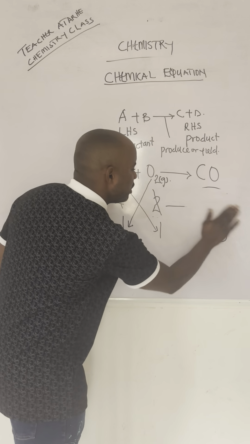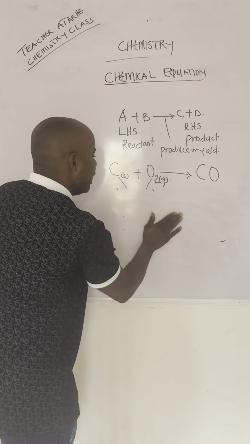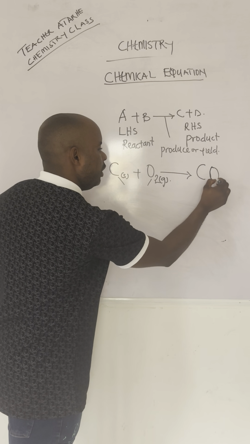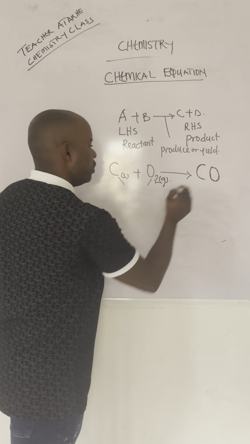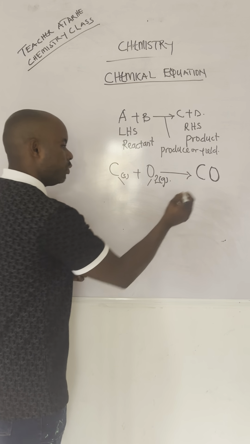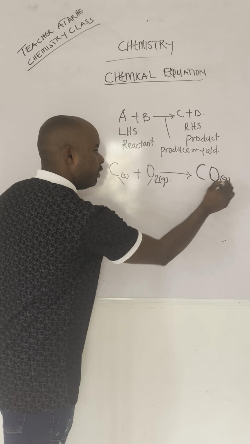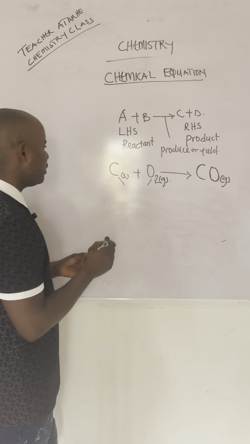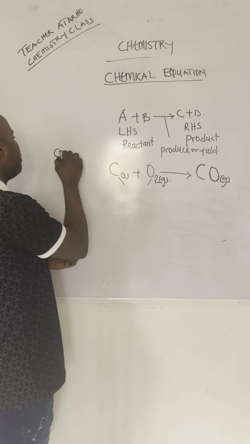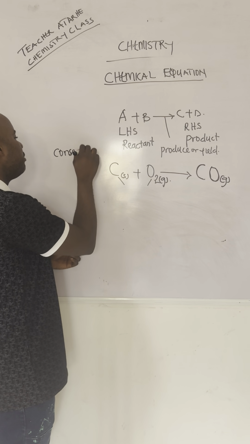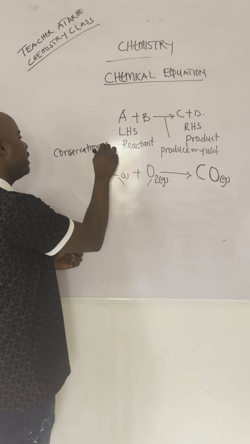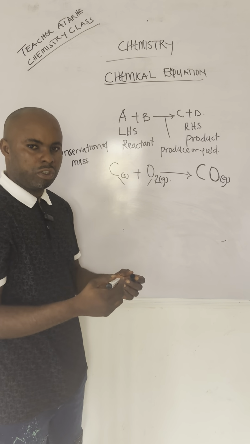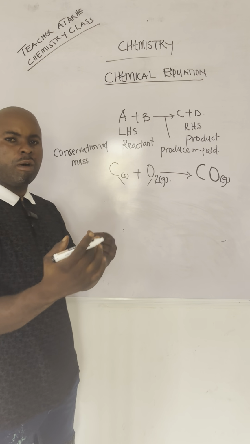So I will wipe this so that I will write a complete equation. What is it? CO. This is in the gaseous form, carbon monoxide. So what happened at this point? According to the law of conservation of mass, atoms can neither be created nor destroyed, but they can change from one form to another.